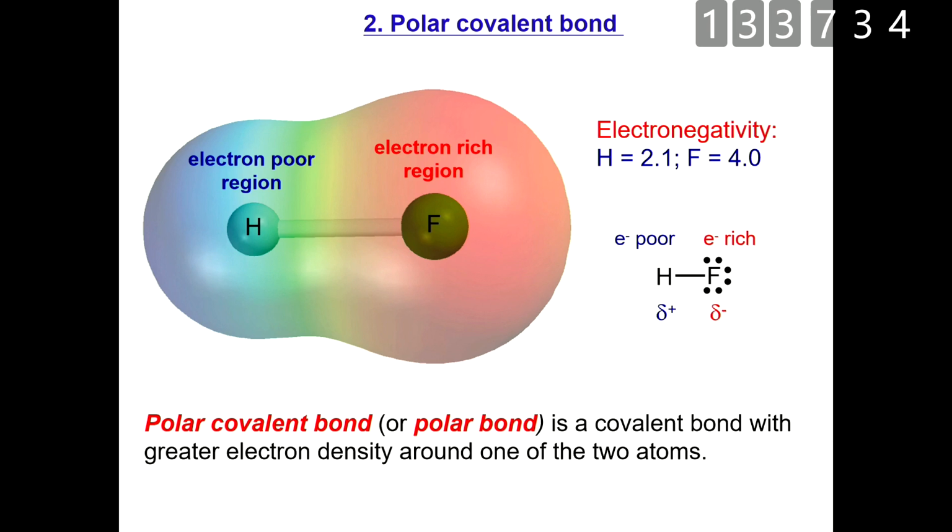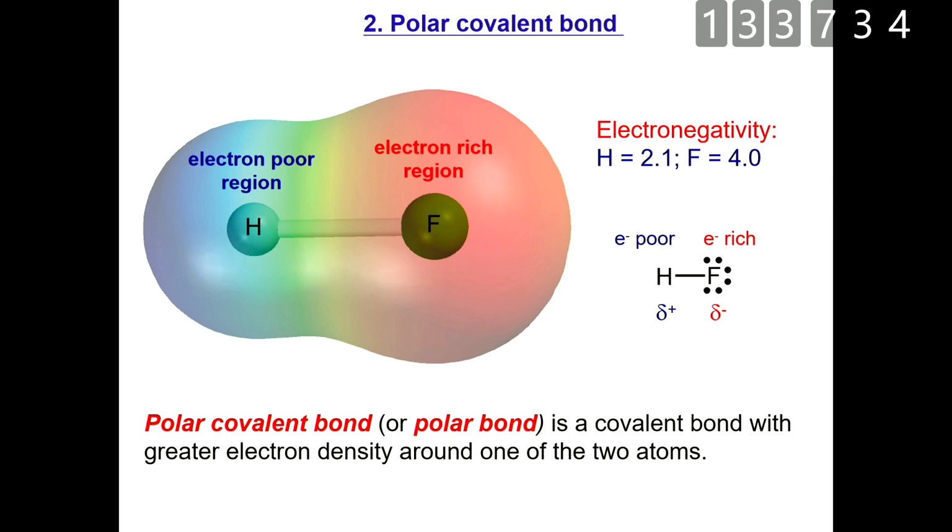we can see the fluorine, around the fluorine, it has more electrons. It has more electrons than hydrogen. We know they share these two electrons, right? But for these two electrons, more of them are close to the fluorine. So this side is electron-rich region, and this side is electron-poor region.